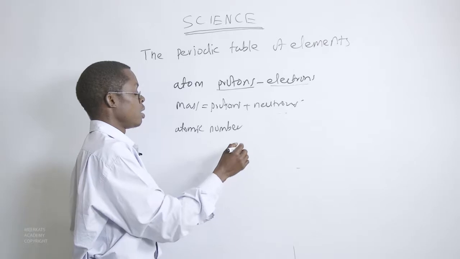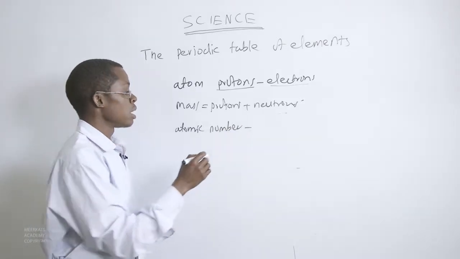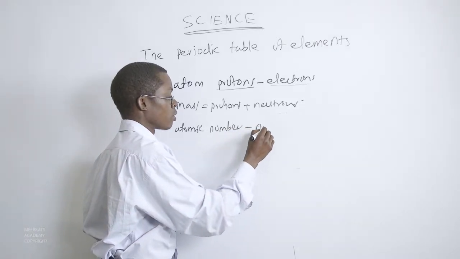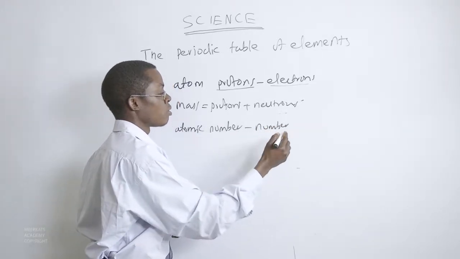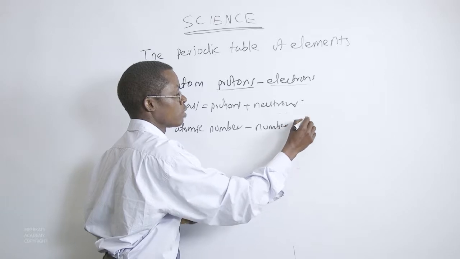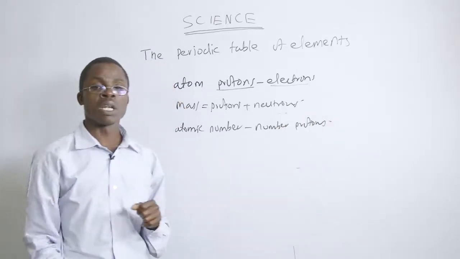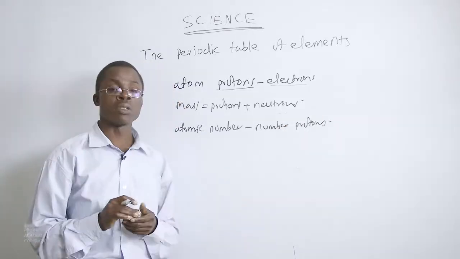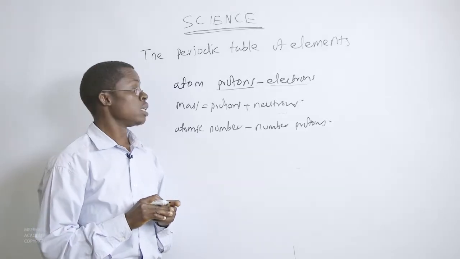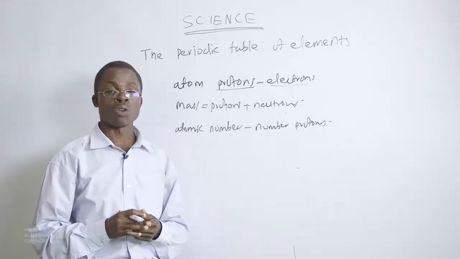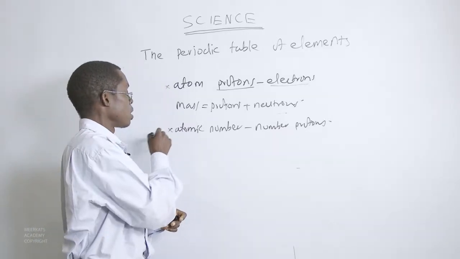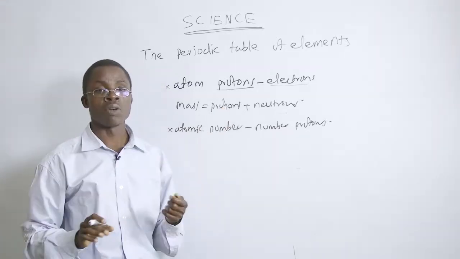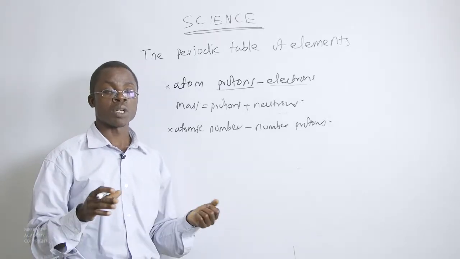Atomic number is the number of protons. So when you look at the atomic number, you are just looking at the number of protons of that element. These three statements are very key in constructing a periodic table, and more so the first two. The mass statement only gives us the atomic mass of that element.